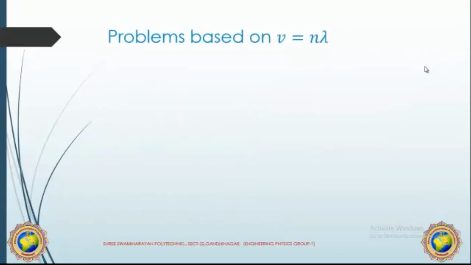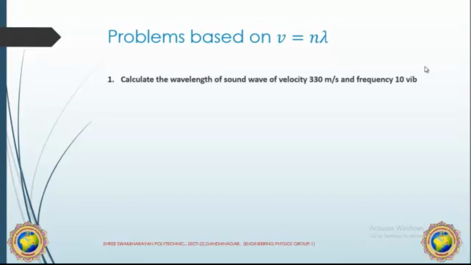Now some problems based on v is equal to n lambda. First example: calculate the wavelength of a sound wave of velocity 330 meter per second and frequency 10 vibrations per second.